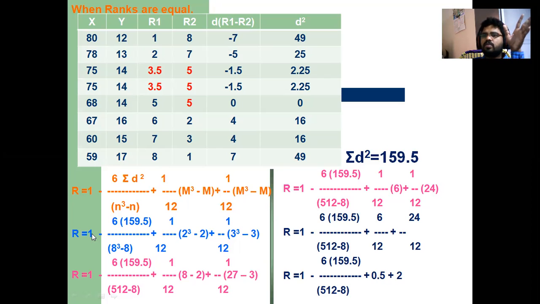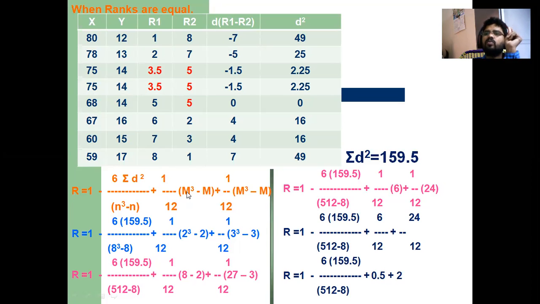So r is equal to 1 minus 6 into the sum of d square. How much is it? 159.5. Then plus 1 by 12 into m cube minus m. In the first variable, the x subject, how many times is the mark repeated? 2 times.